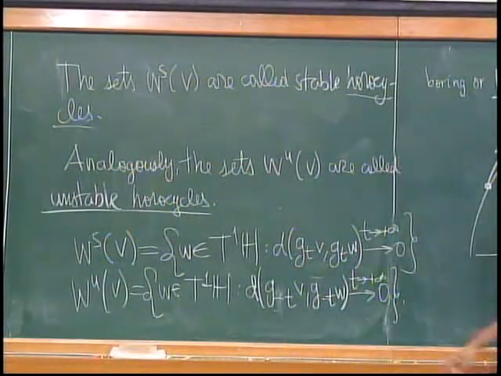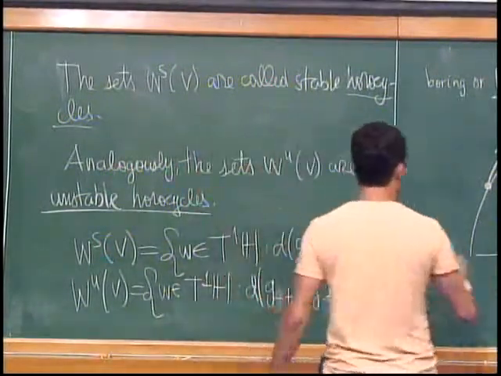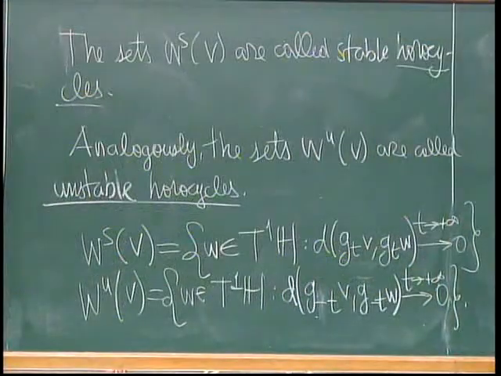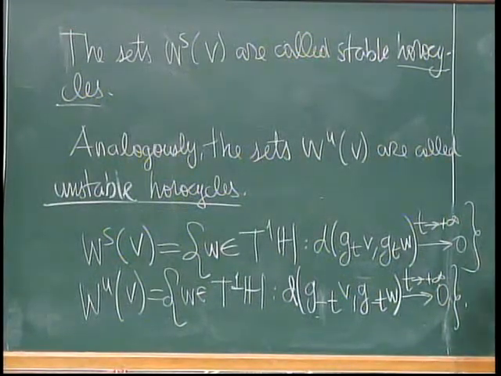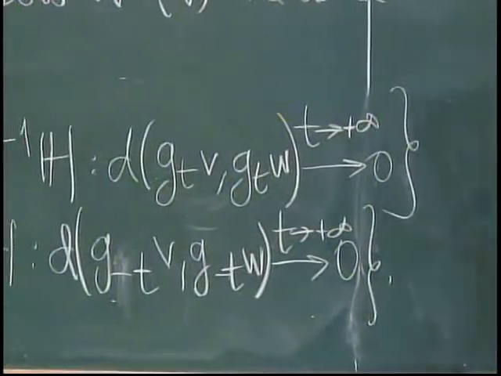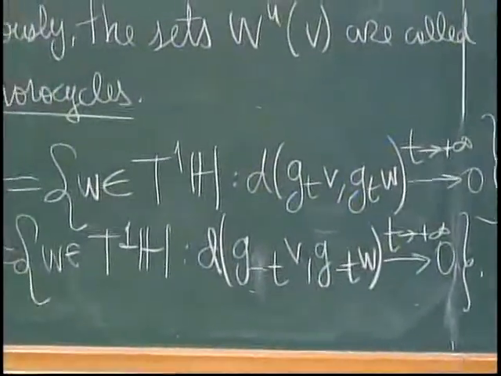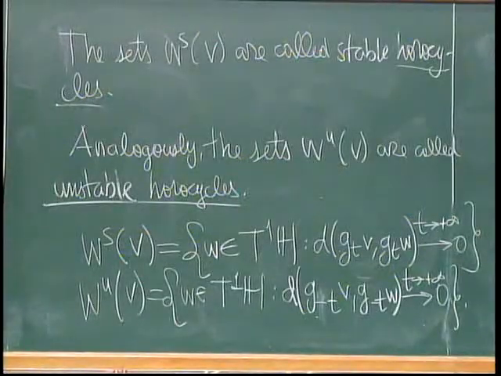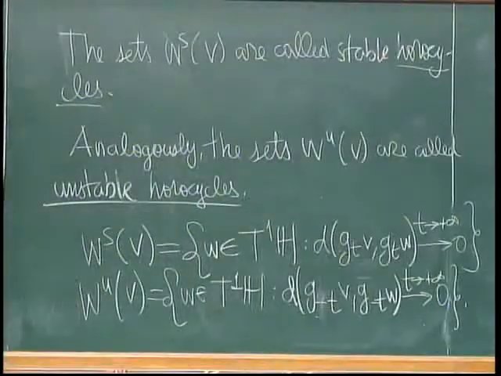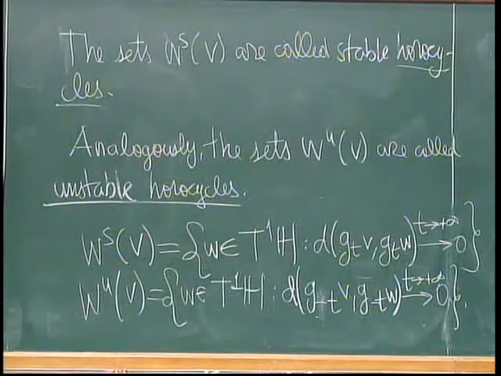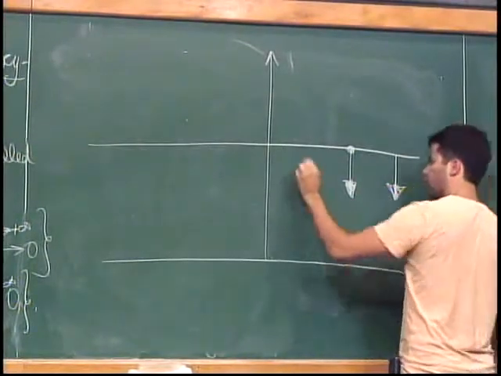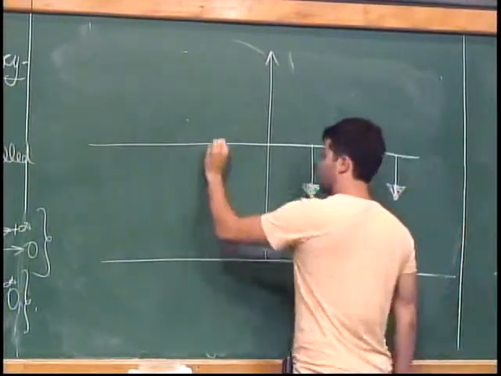Okay? So I described to you what the stable horocycles are, and to describe the unstable horocycles we can apply similar arguments and conclude that they are the following. So you have two cases. The first case is that if your vector is pointing downwards, the horocycle that it defines is also all the other vectors on the same horizontal line pointing downwards.